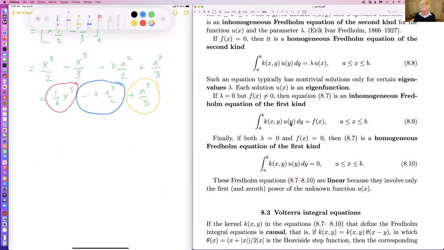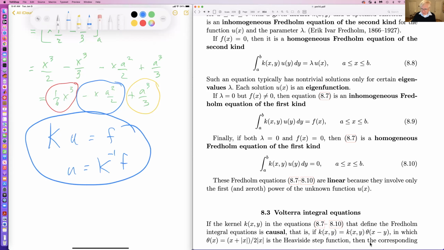It's very much like K matrix U vector equals F. So U is K inverse F. If you write F as an n vector, K as an n by n matrix, U as an n vector, as long as the effective determinant of K is non-zero, you can just do this in terms of linear algebra.